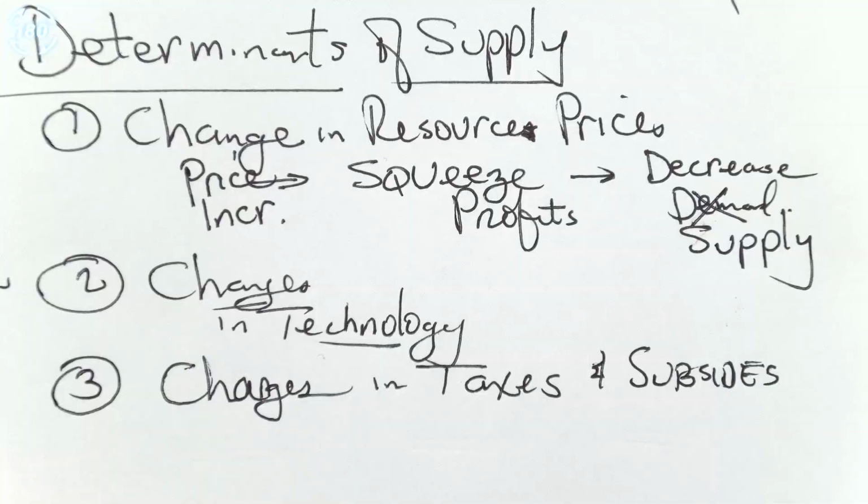So if you raise a tax on gasoline, and oil companies know there's an increase in motor fuel tax across the board in the United States, that's going to decrease supply. If you want less of something, you tax it. If you want more of it, you provide a subsidy.